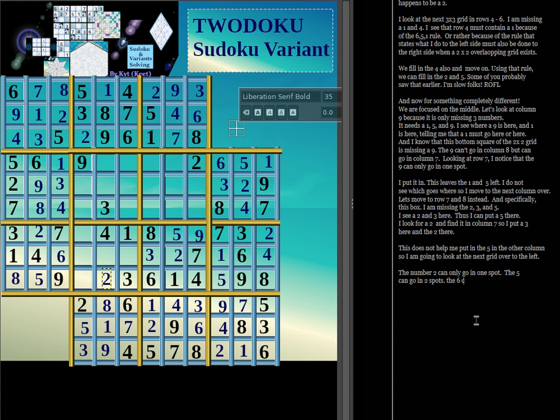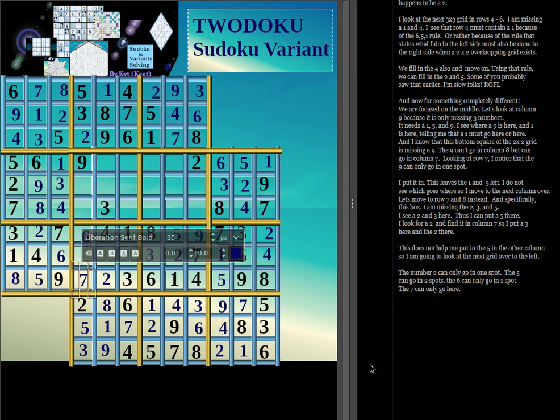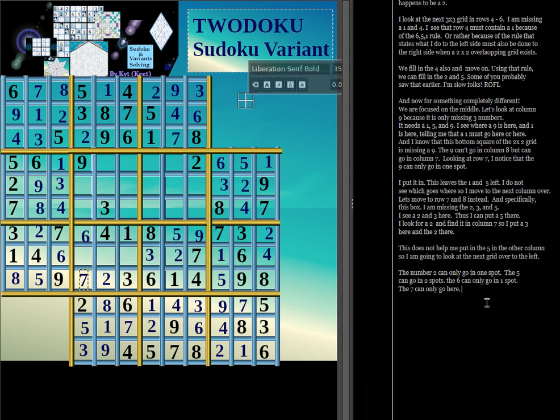The 6 can only go in one spot. The 7 can only go here. This leaves us with 8 and 9.